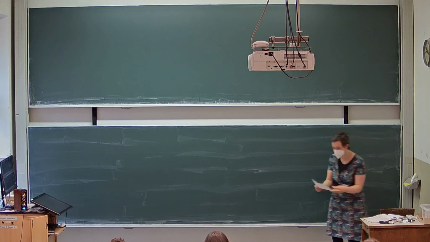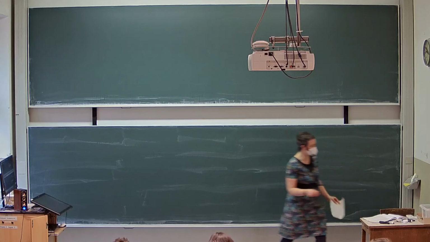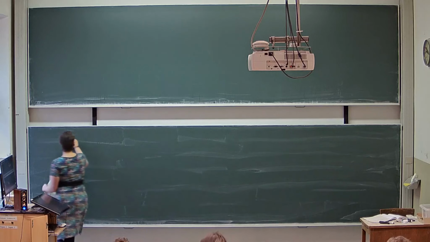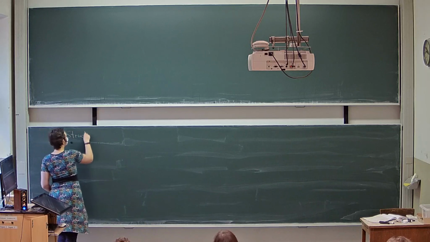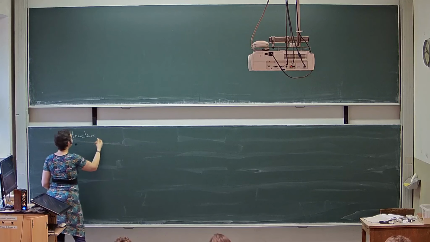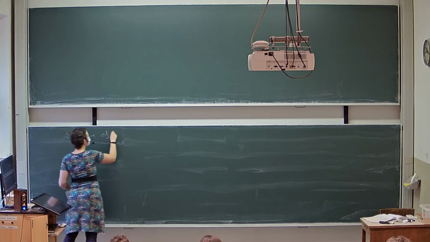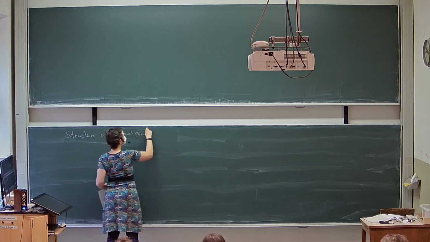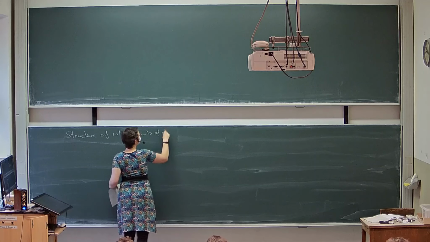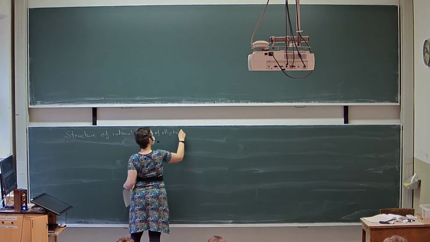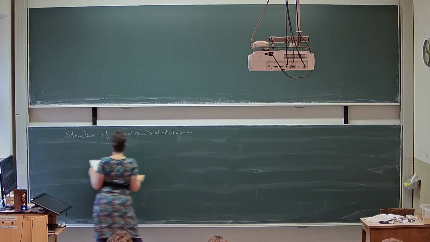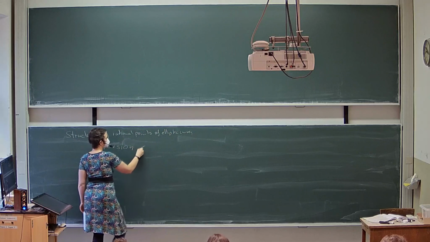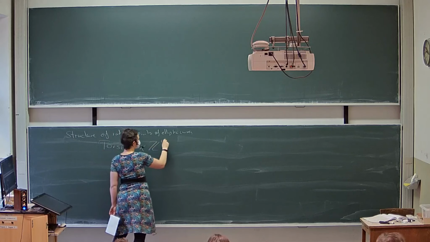Okay, so what we did in the last lectures was to find out about the structure of rational points of elliptic curves, which is basically torsion times the free part.